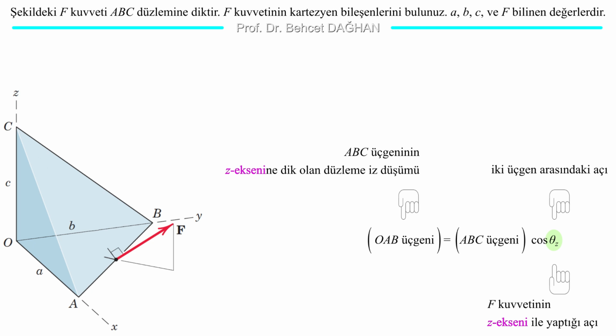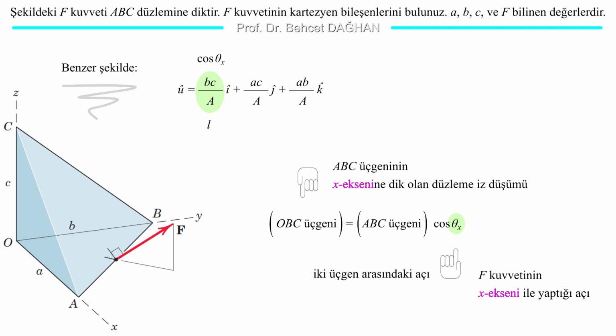It's similar here. We obtain triangle OAB by multiplying triangle ABC by the cosine of the angle between them, and we find its projection. We know that the angle that the force F makes with the z-axis is theta z. We see from the figure that this angle is also equal to the angle between the two triangles. The two angles in the figure are angles with sides perpendicular to each other. Both of these are equal to theta z.